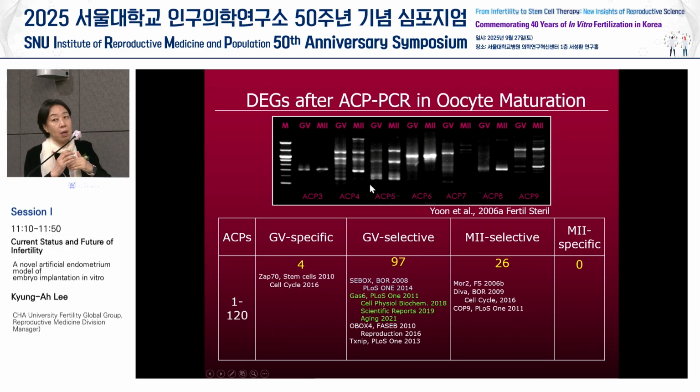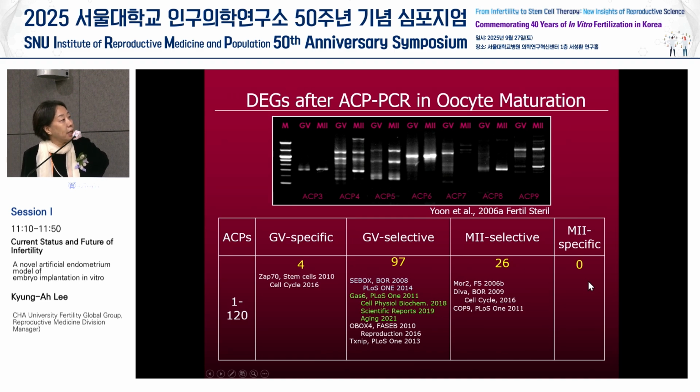That means a big change in expression. By using 120 primers, we found 4 GV specific, 97 GV selective, 26 M2 selective, and nothing for M2 specific genes.